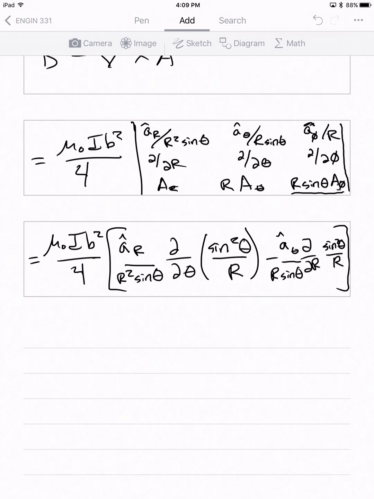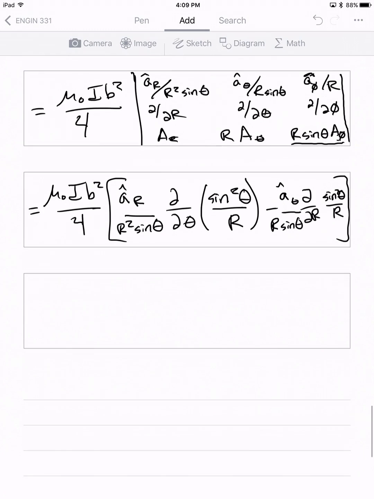Evaluating those derivatives, we have mu naught I b squared over 4 times a hat r over r squared sine theta. Those parts stay the same because the derivative doesn't operate on that part.